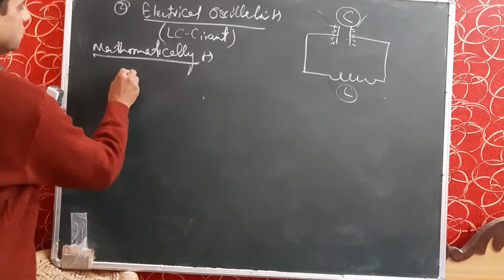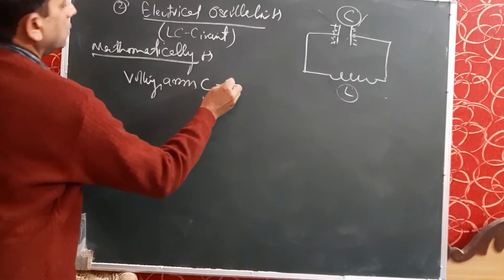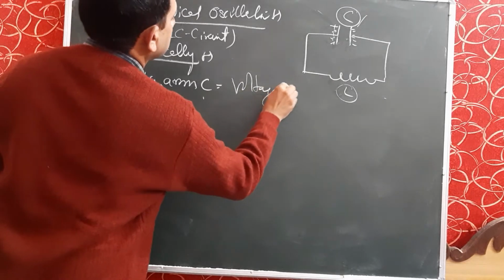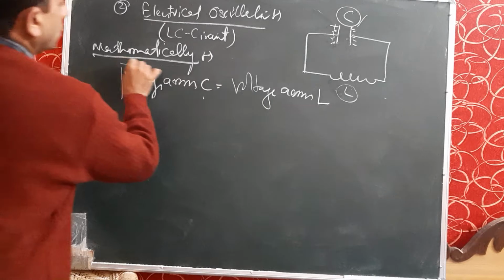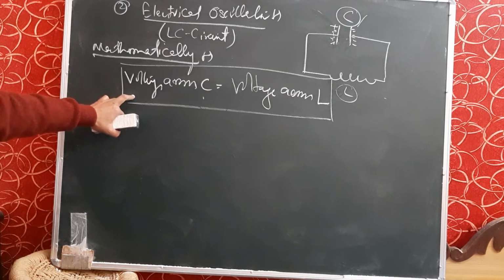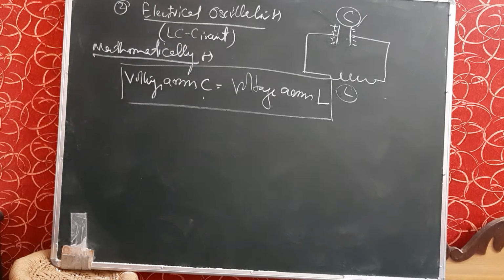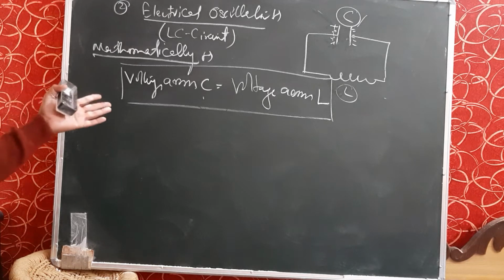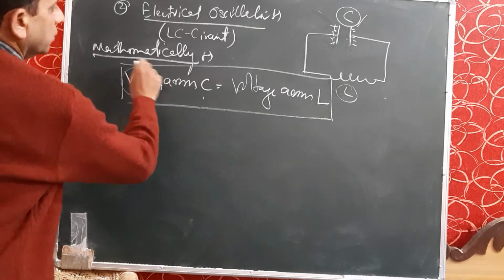So the voltage across the capacitor is equal to the voltage across the inductor. This is the main equation in the case of the electrical oscillator.